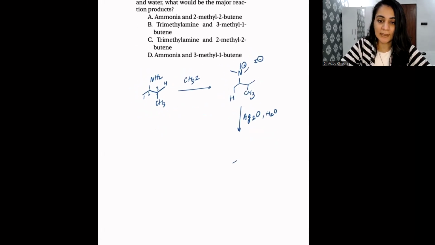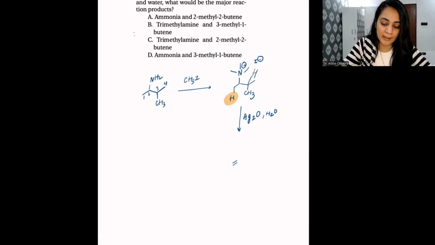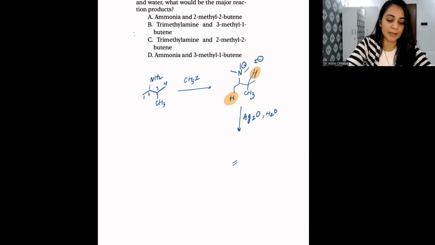So the alkene that would be formed is on the less hindered alpha hydrogen. So we've got that hydrogen, and then the double bond over here is actually the major product of the reaction.